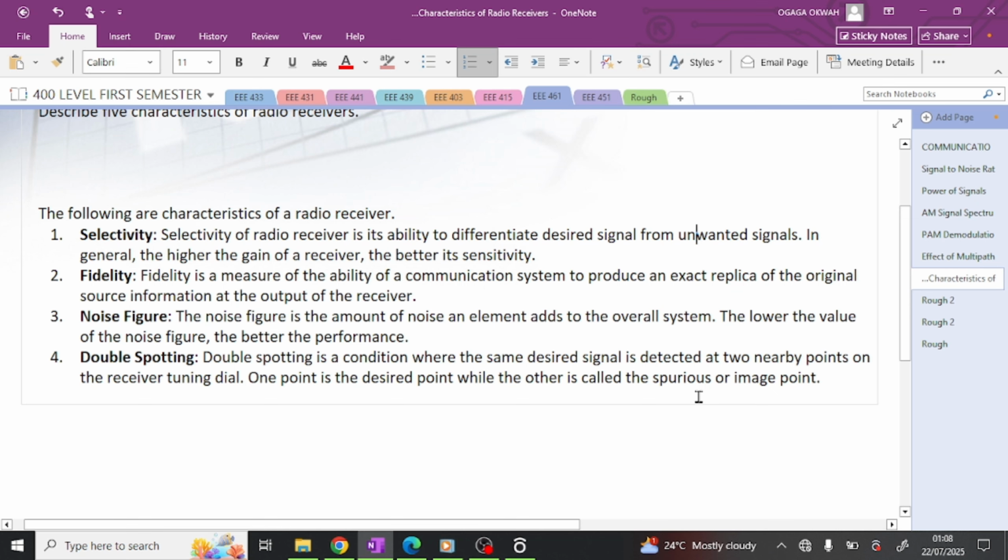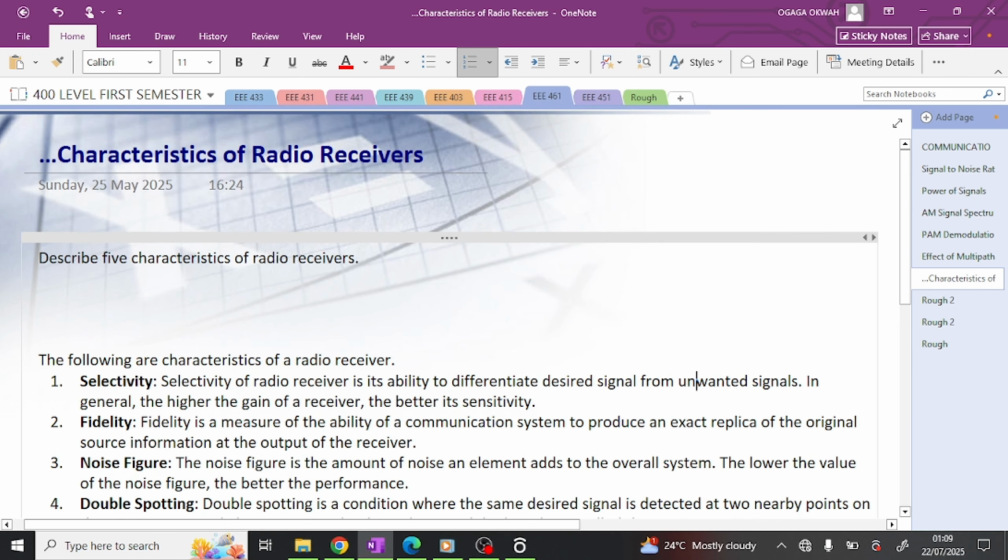So when you tune the dial of the radio receiver, you observe that the signal you want is received at a particular point, and then you also observe a signal almost the same as the one you are looking for at a nearby point. So that's just double spotting. It sounds like the name. Okay, so that's that for this part.